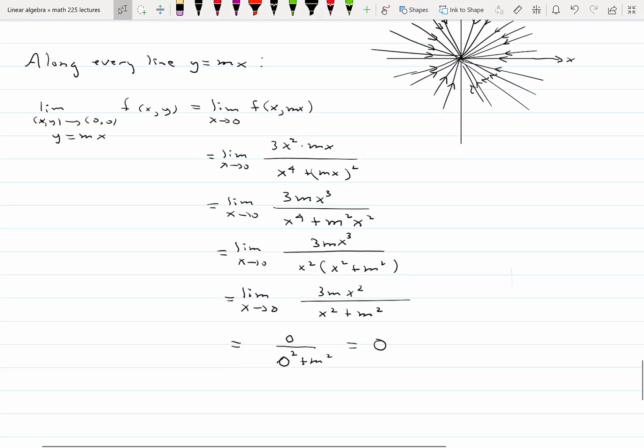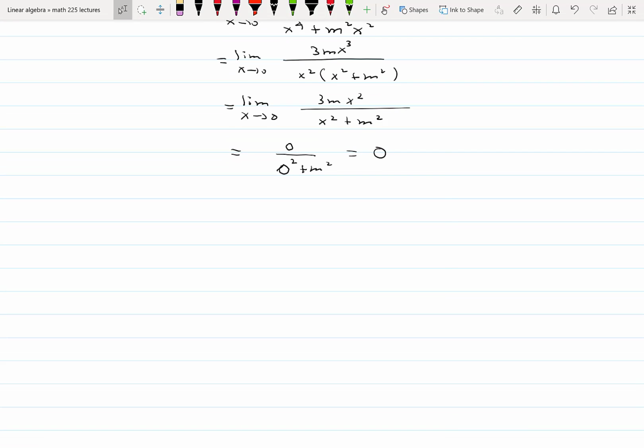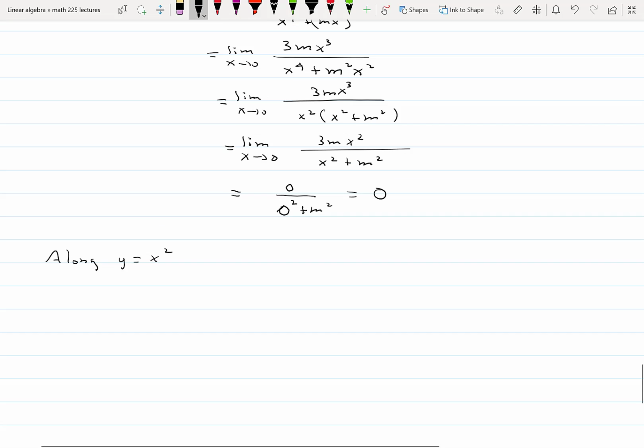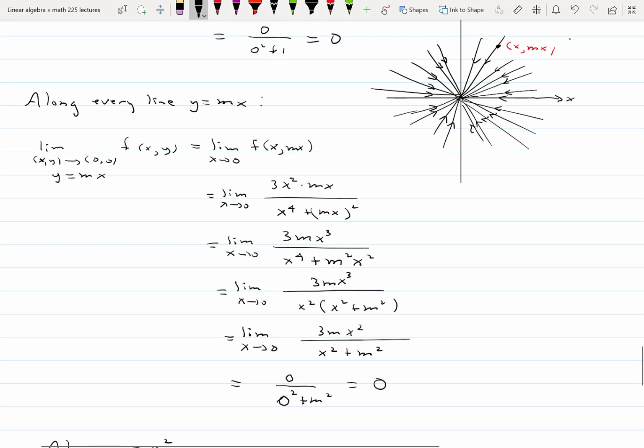Let's approach the origin along a different curve. The simplest curve, the next curve you can think of besides a line. So let's try along y equals x squared. And you might think, we can't get anything different. Although as you approach the origin along every one of those lines, the z values are approaching 0.